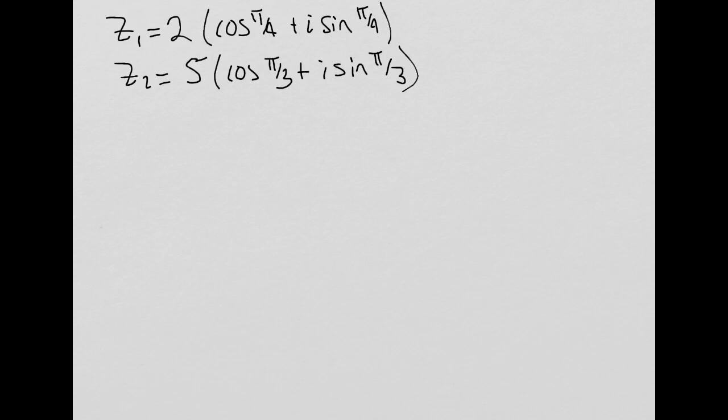So probably found these things geometrically. And if I want to take Z1 times Z2, well, I just multiply the moduli together. So I get a 10. And the cosine, pi over 4 plus pi over 3. Let's see, that'd be 3 pi over 12 and 4 pi over 12. So cosine 7 pi over 12 plus i times sine 7 pi over 12.